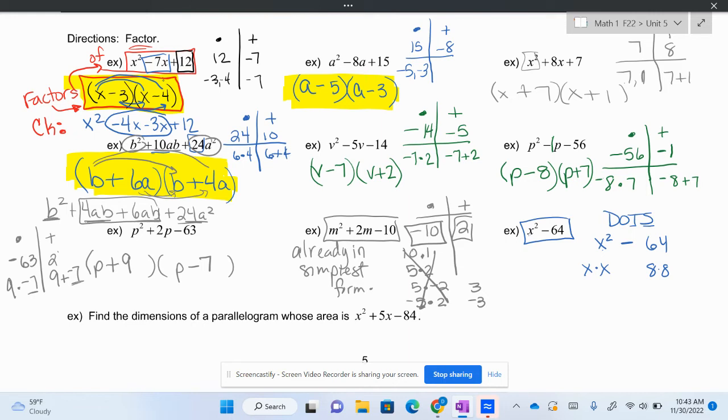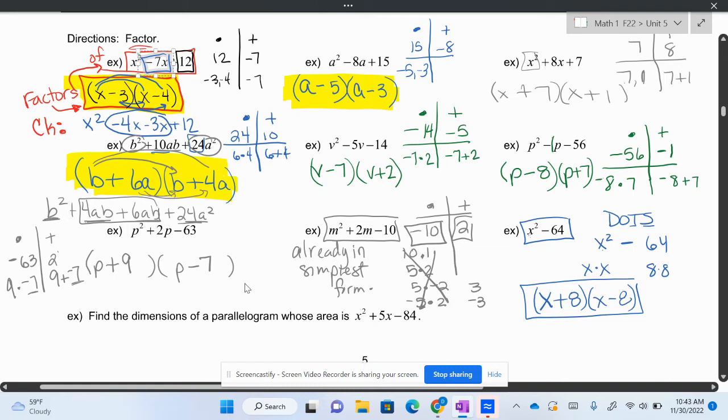So the difference of two squares, well, remember that that means that when you have two terms, you have conjugates. Remember we talked about that conjugate, that middle term canceling out. So x squared minus 64 is factored with x plus 8 times x minus 8. This is the factored form.